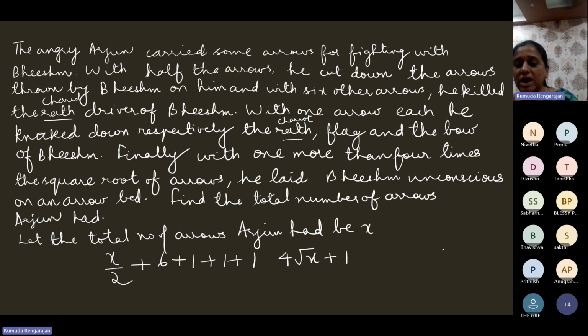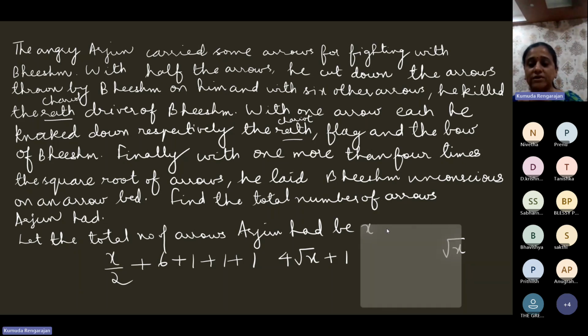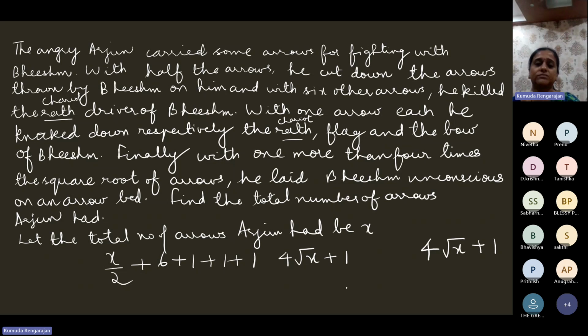The number of arrows is X, so the square root of the arrows is square root of X. 4 times that means 4 into root X. 1 more than that, plus 1.